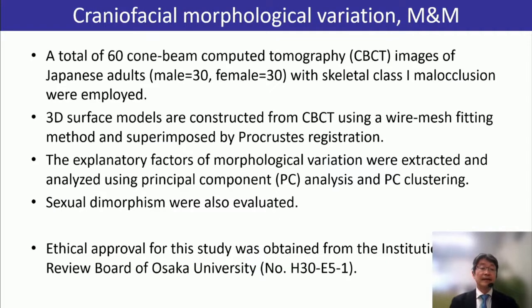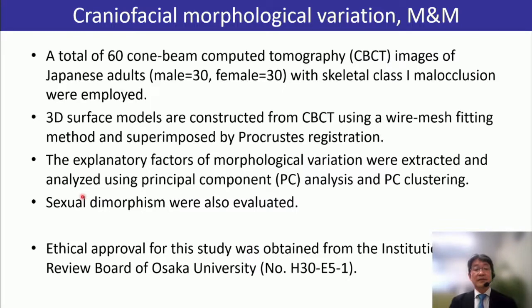And this is the materials and methods. I used 60 Japanese adult patients with skeletal malocclusions, and the 3D surface models were constructed from cone beam CT using a wire mesh fitting method, and superimposed by Procrustes registration.